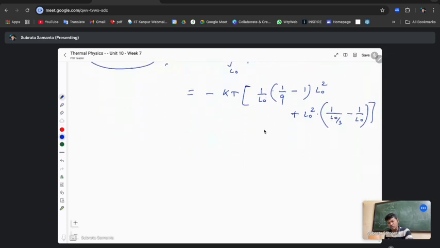So this becomes minus kT, minus 8 over 9 L0, plus 2 L0, right? So that means minus kT times 10 over 9 L0, right?